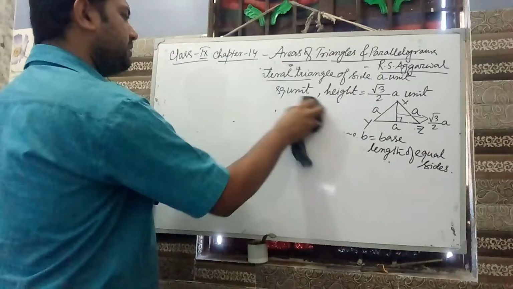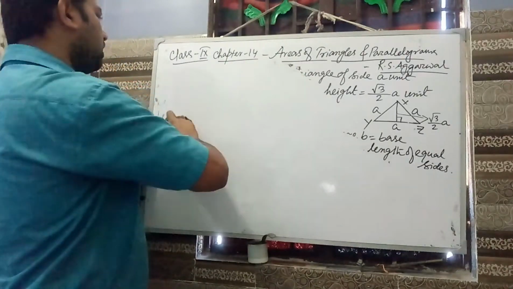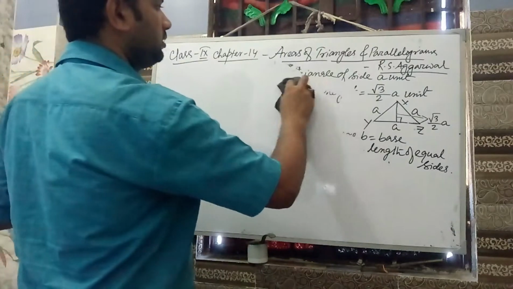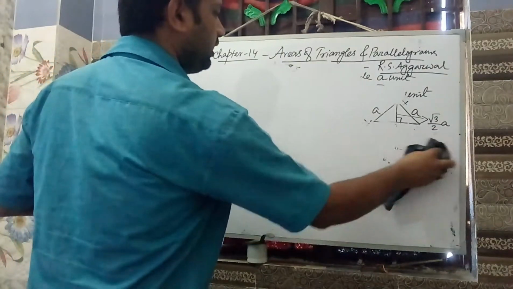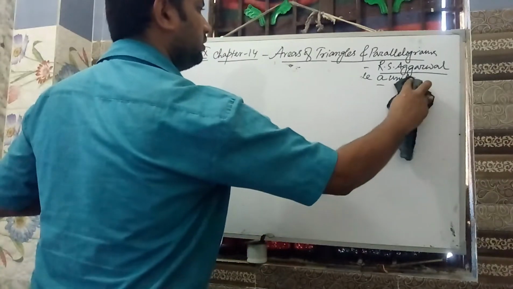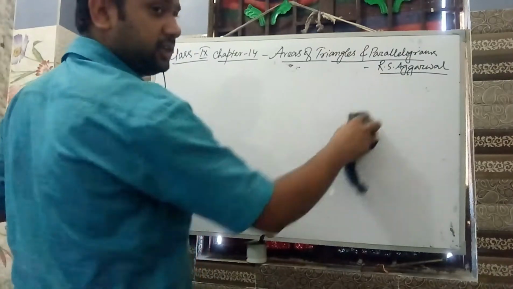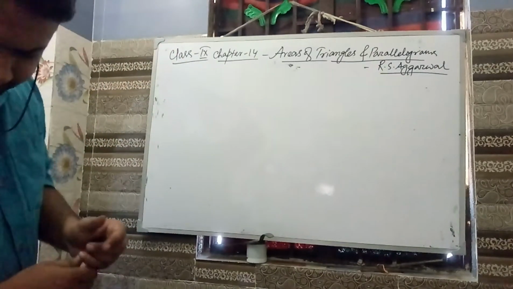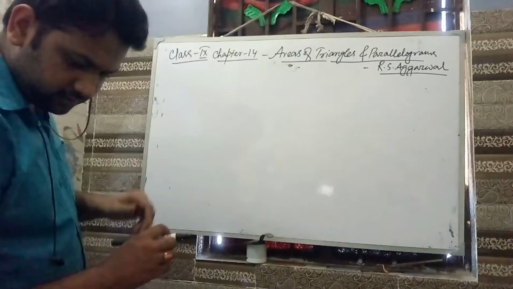What is given? Perimeter is 150. What is the perimeter of a triangle? The sum of all the three sides of a triangle is the perimeter of the triangle. Here the ratio of the sides of the triangle is given. So write it down.